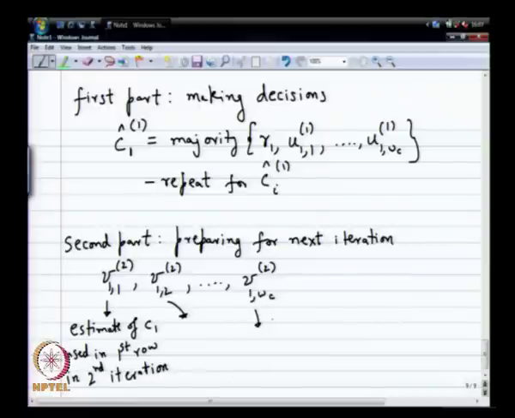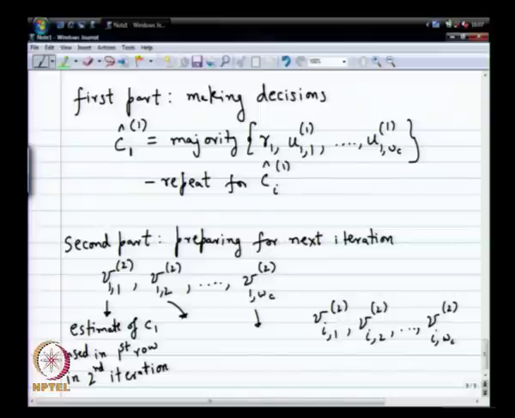So, in general you will also have what? Vi1, Vi2, and so on till ViWC. Okay. So, we will have WC different estimates for each bit now.